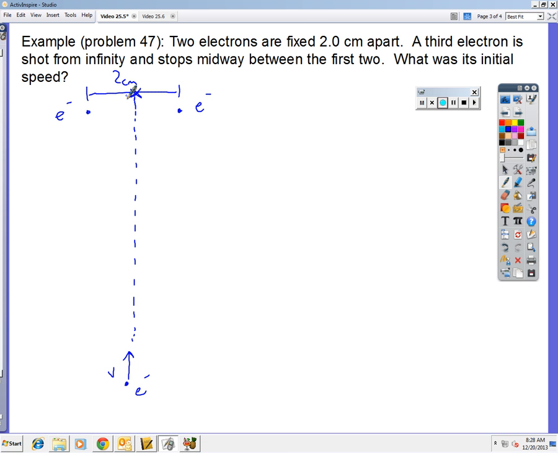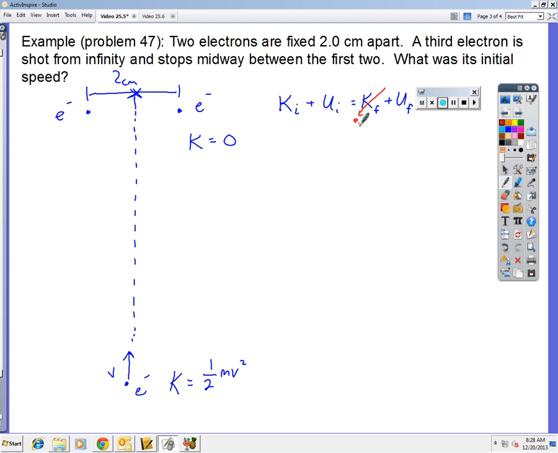The idea is that the change in the kinetic energy, so when it gets here to the end, kinetic energy is 0. At the beginning, kinetic energy is 1/2 mv squared, where m is the mass of that electron. And so the initial kinetic energy plus the initial potential energy equals the final potential energy plus the final kinetic energy.